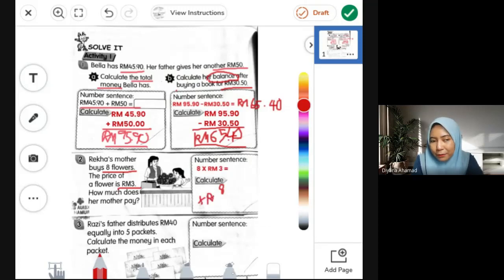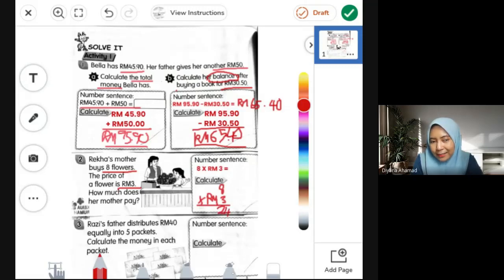Everyone, it's time for you to remember your timetables. Table 3 or table 8. 8 times 3 equals, if you forgot, look at your multiplication flower or your tartan books. 8 times 3 equals 24. So you write 24.